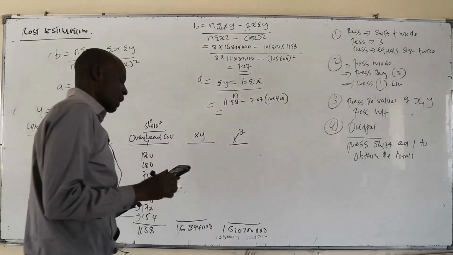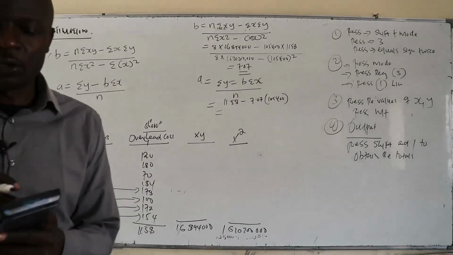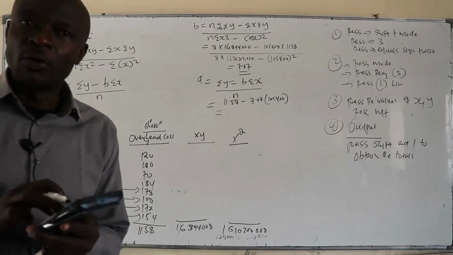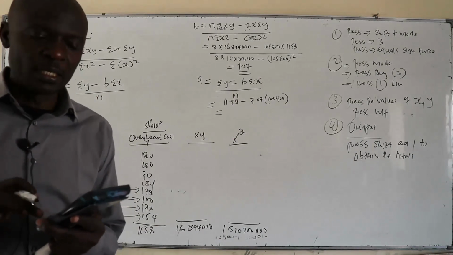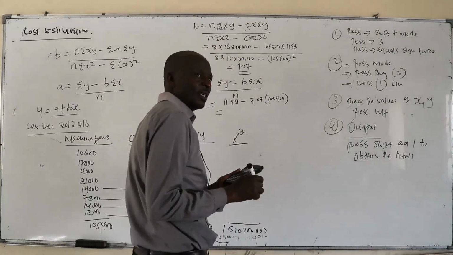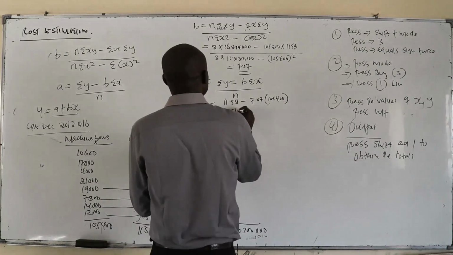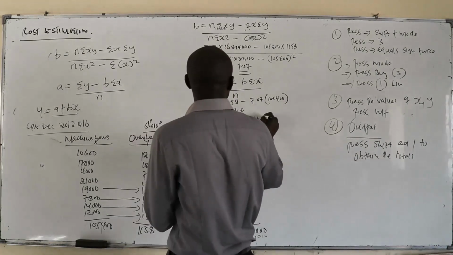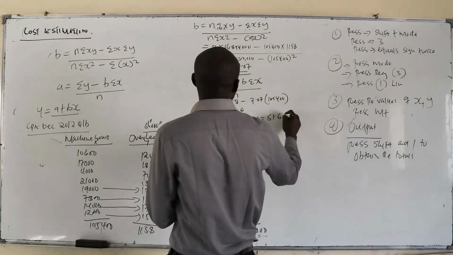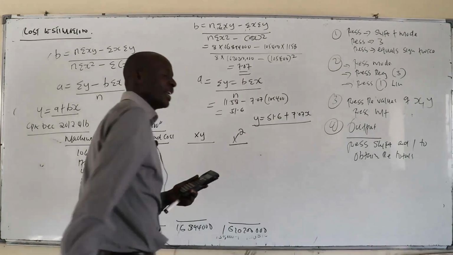Then you go to your calculator, you press shift 2, and you scroll until you get the value of A, which is 51.6. So your equation is going to be y equals 51.6 plus 7.7x. So that is how we use the calculator.